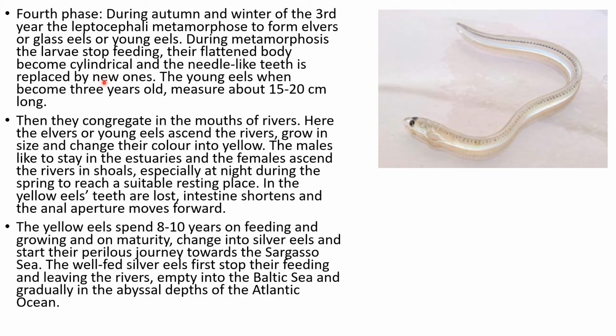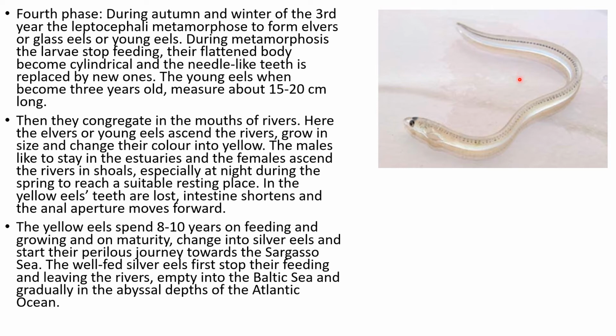In the fourth phase, during the autumn and winter, on the third year, the leptocephali metamorphose to form elvers or glass eels or young eels. You can see here the leptocephali have transformed now to form glass eels or elvers.